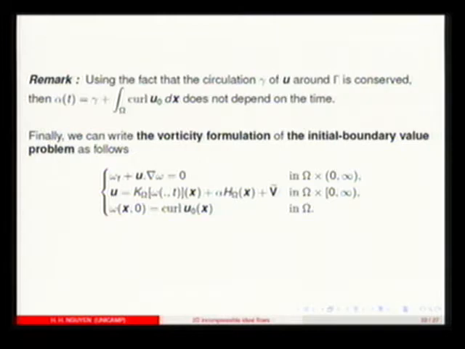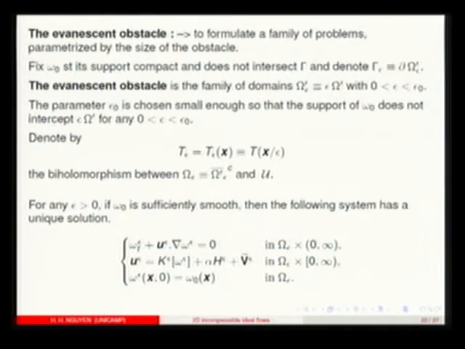Now, I want to consider the evanescent obstacle problem. The objective of this part is to formulate a family of problems parameterized by the size of the obstacle, and we will fix omega 0.